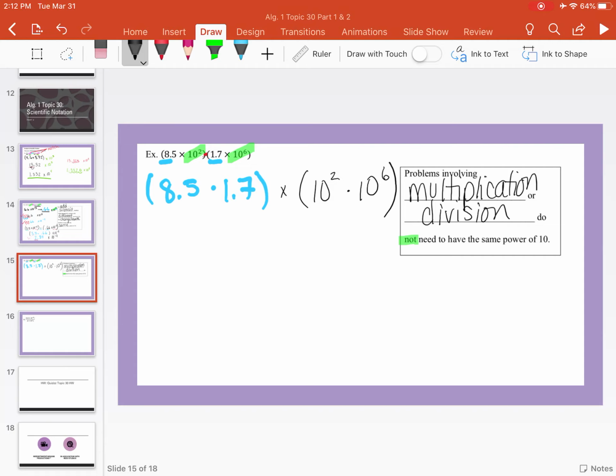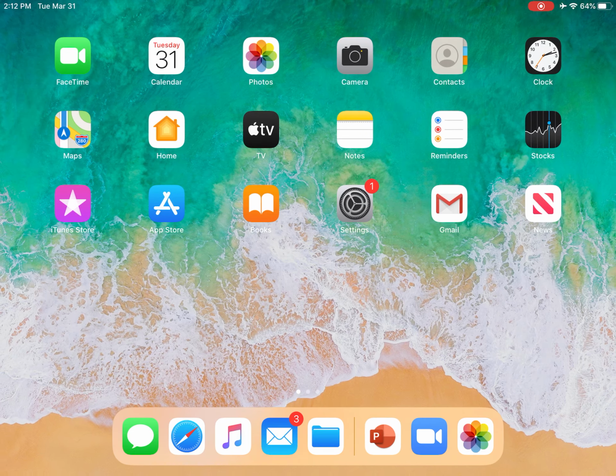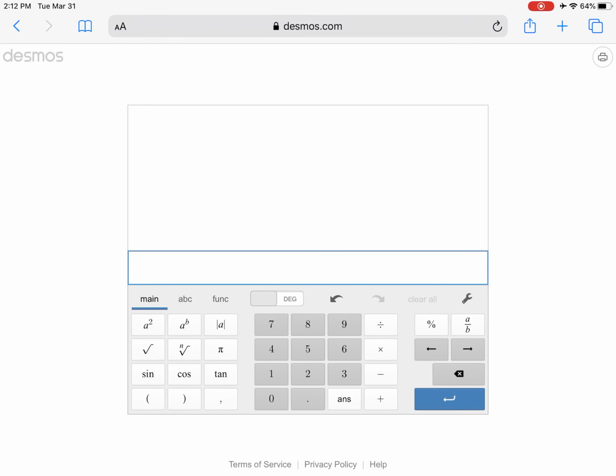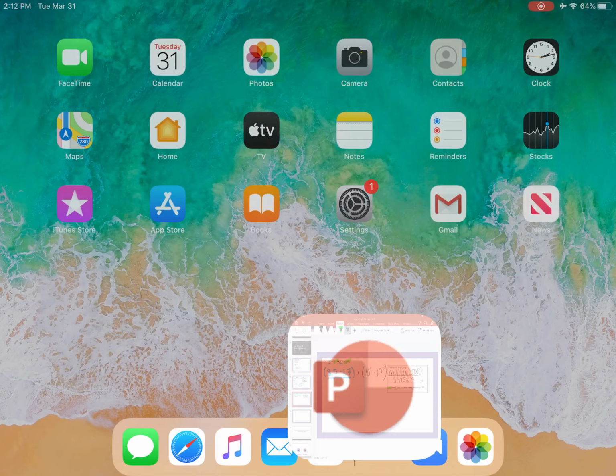Okay, so let's write my answer. Let's focus on the blue part right here. 8.5 times 1.7. So 8.5 times 1.7 gives me 14.45.